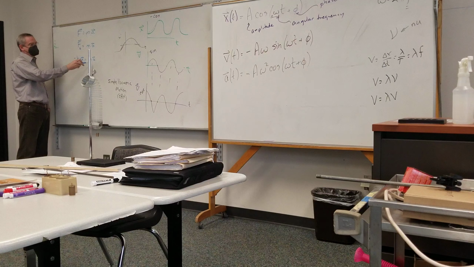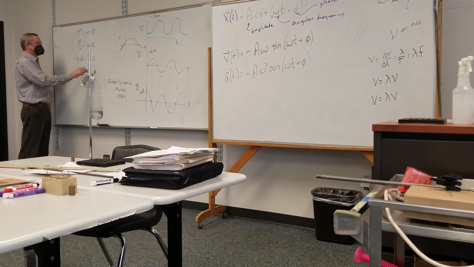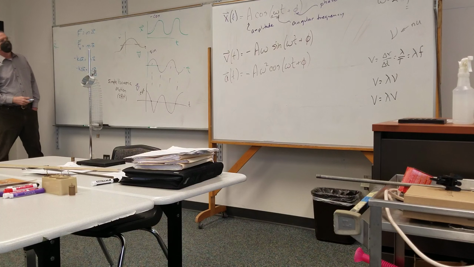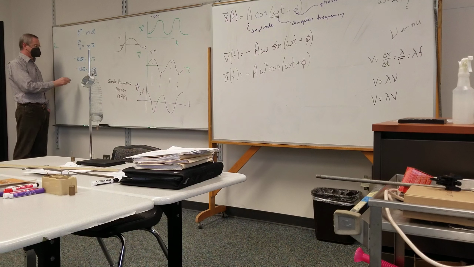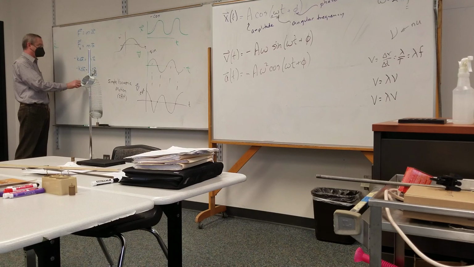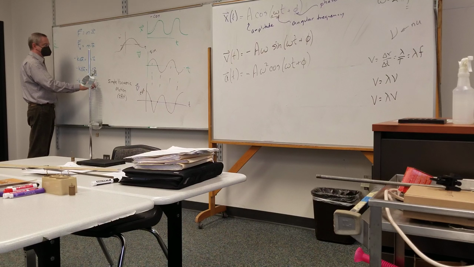And acceleration is just the change in velocity over change in time. So I can write this as negative k delta x is equal to mass times change in velocity over change in time. And velocity is just change in position over change in time. So this is negative k delta x is equal to mass times delta of delta x over delta t.